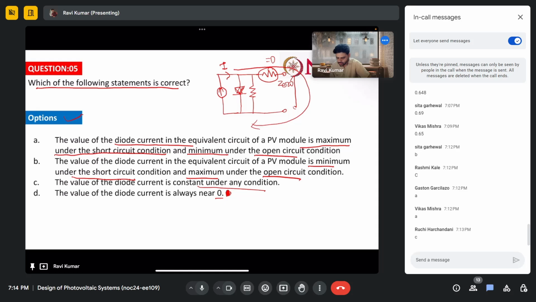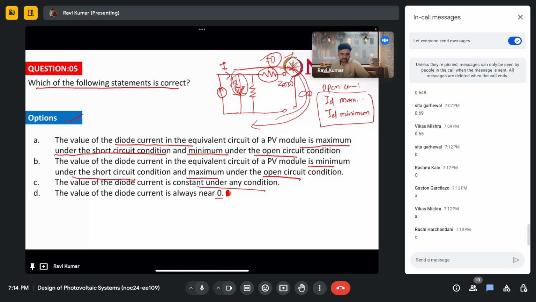So it will not follow this path at all. But if this is not 0, this is increasing towards some value, then some current will definitely go there. It means if this is infinite, or we can say open circuit condition, then ID will be the maximum. And if it is short circuit condition, then ID will be minimum, or this minimum can be 0 as well.